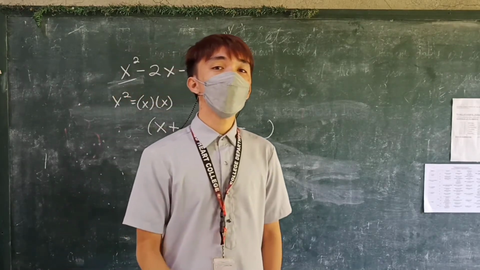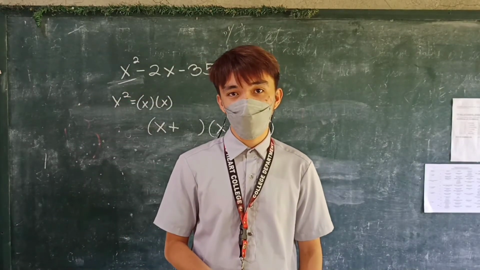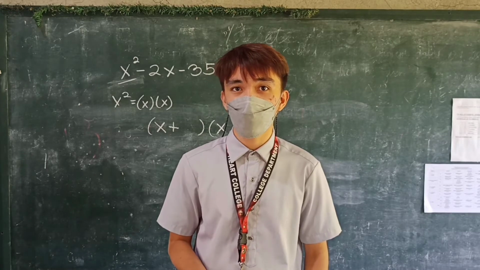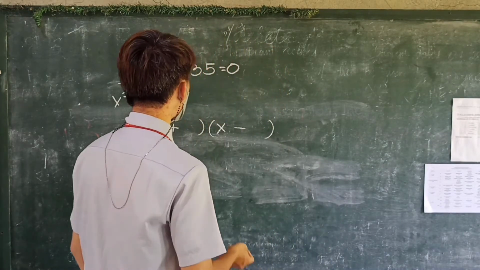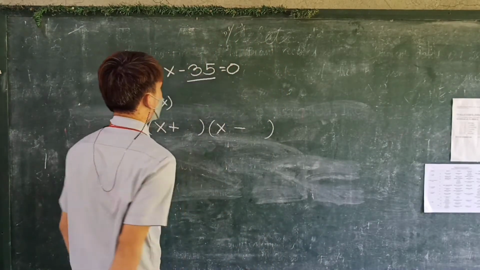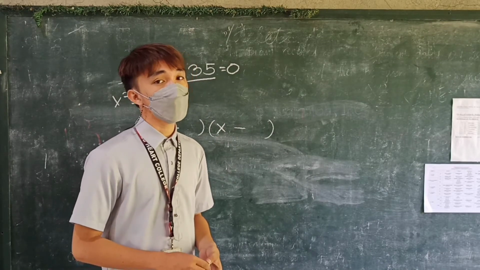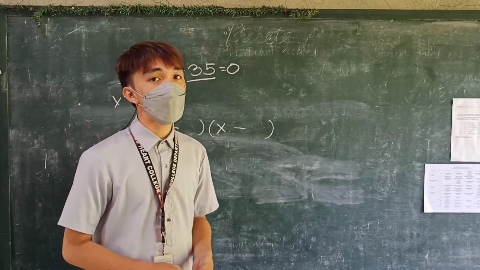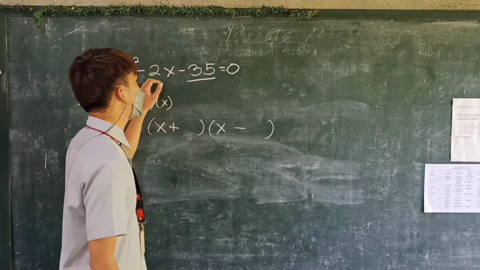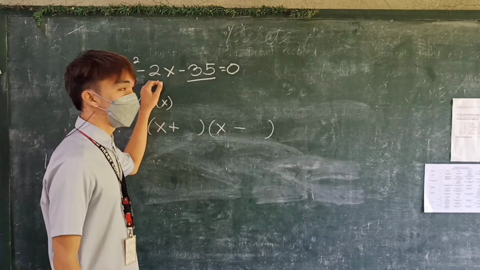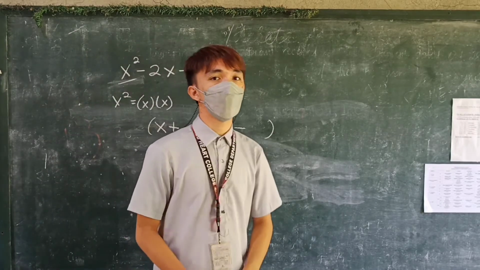Next, after looking for the factors of the first term, it's time to look for the factors of the last term. The last term is 35. Note, the factors of the last term, its sum or difference, when simplified, must be equal to the middle term. So what are the factors of 35?